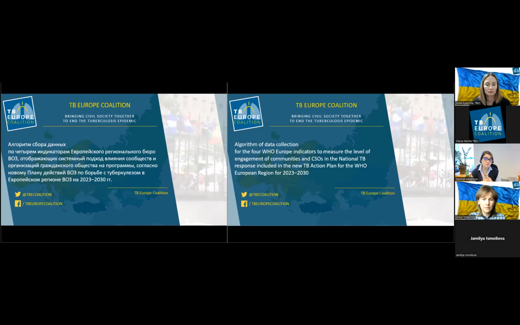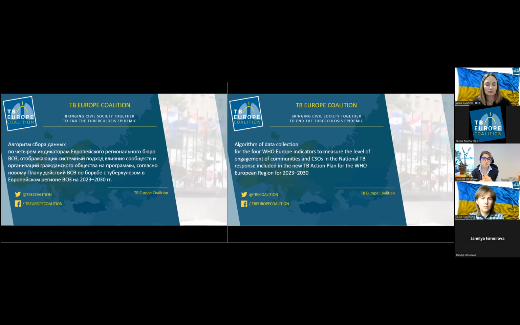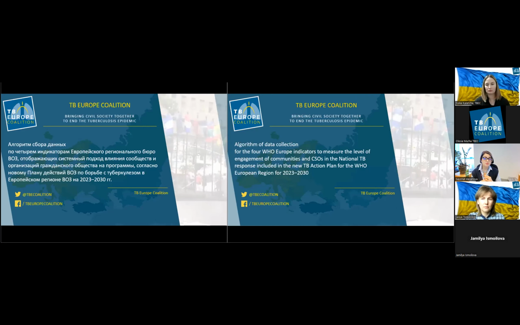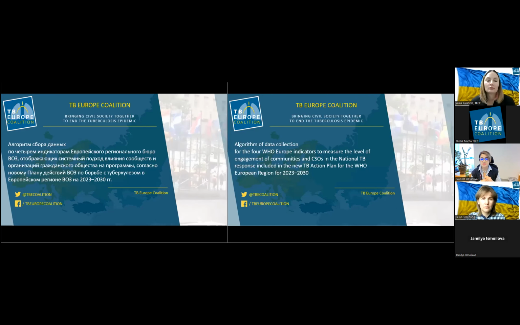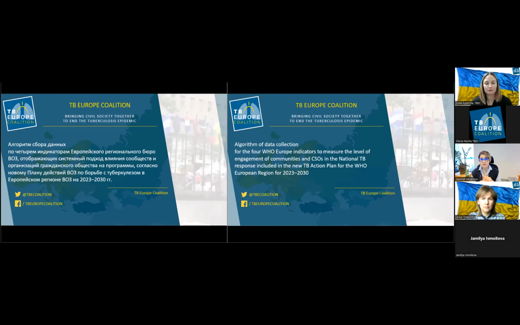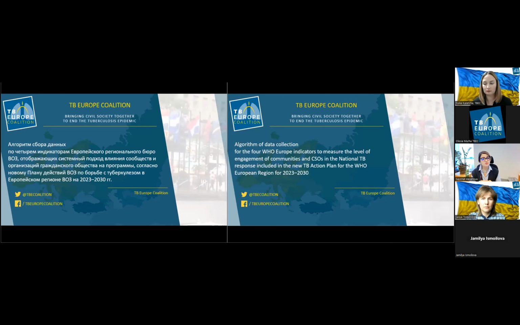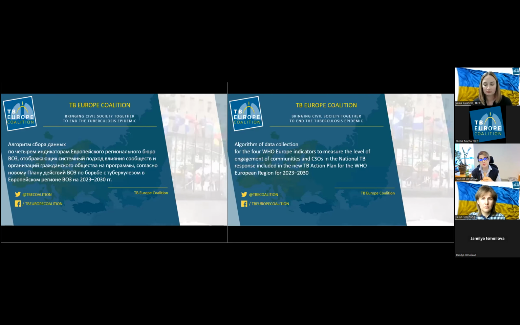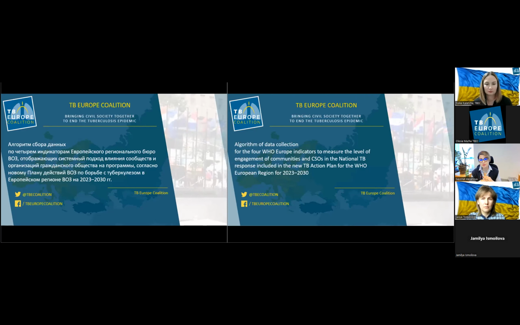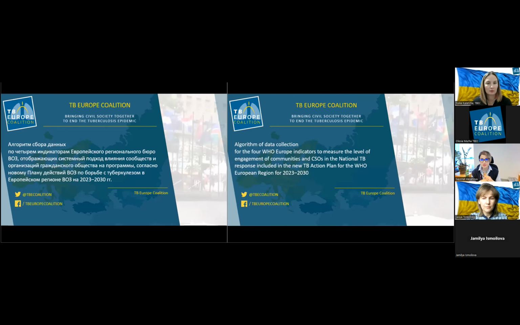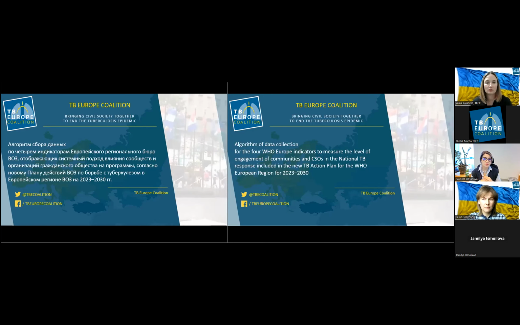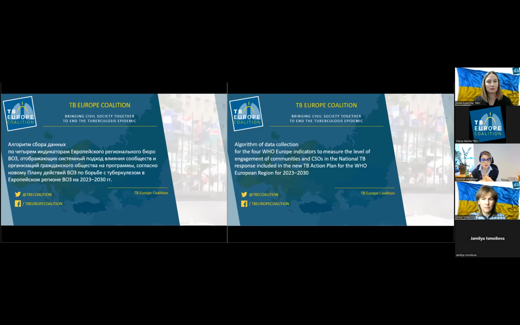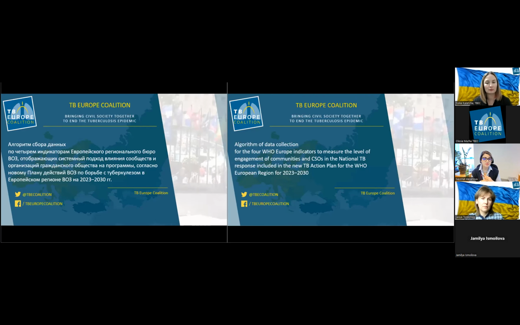And thus they help us to track the progress on the path towards eradication of TB at all levels, global, regional, and national. And they also will further help us in strategic planning, and the results and findings of monitoring and evaluation will support strategic planning, but also objective setting and defining the obligations and commitments for further eradication of TB.